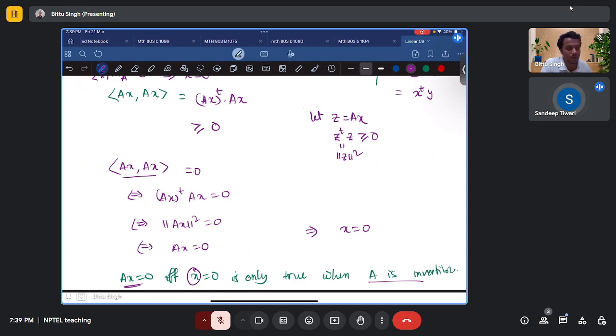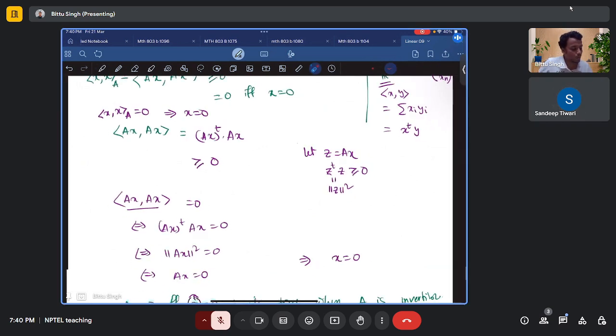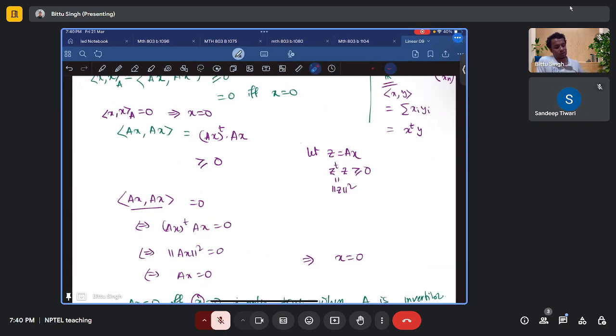Yes, sir, that is what I am telling you. We are assuming the conditions of inner product, then we are deriving the condition for A. We are seeing what is the obstruction for this.